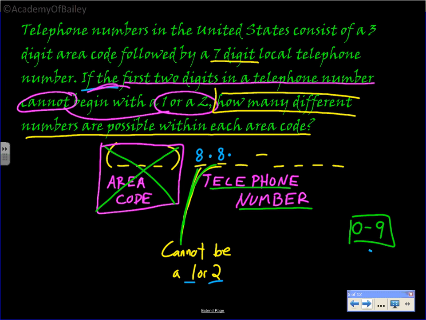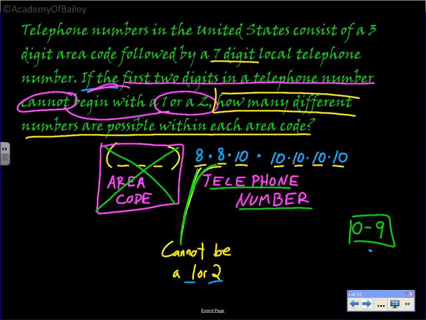I'm going to erase that hyphen, that way it doesn't look like a minus sign. In the third spot, you can have any number from 0 to 9 there, so that's a 10. And that's the same with these last digits here. They are all 10s because you're allowed to have any number from 0 to 9 there.